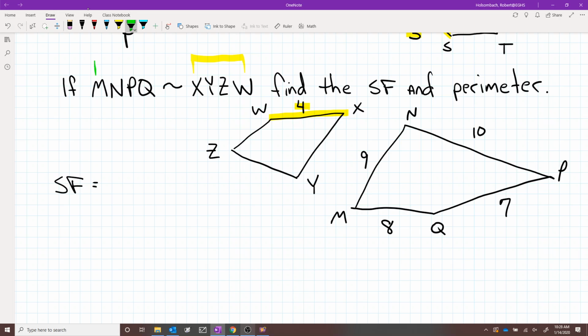So we need first and last. M to Q. M to Q is right here, and it's 8. So our scale factor, 8 to 4, which simplifies to 2 to 1.